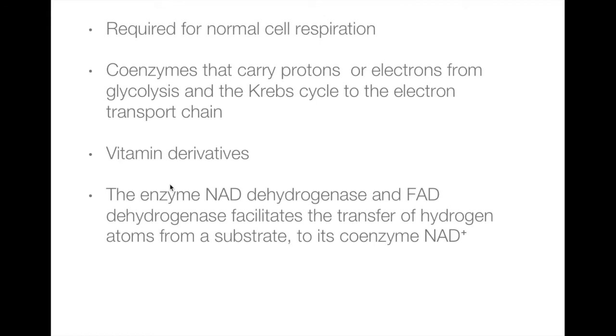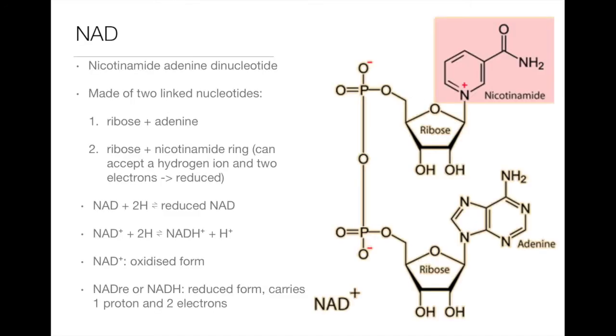NAD and FAD are required for normal respiration. They are coenzymes. This is what I want you to know, that they are coenzymes that carry protons or electrons. That's their function.